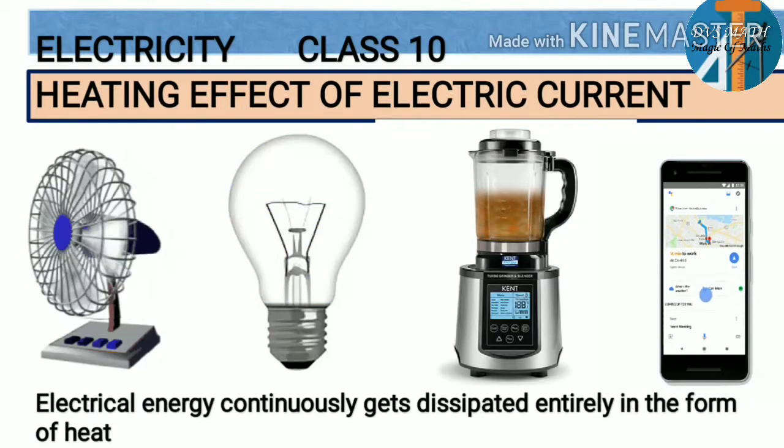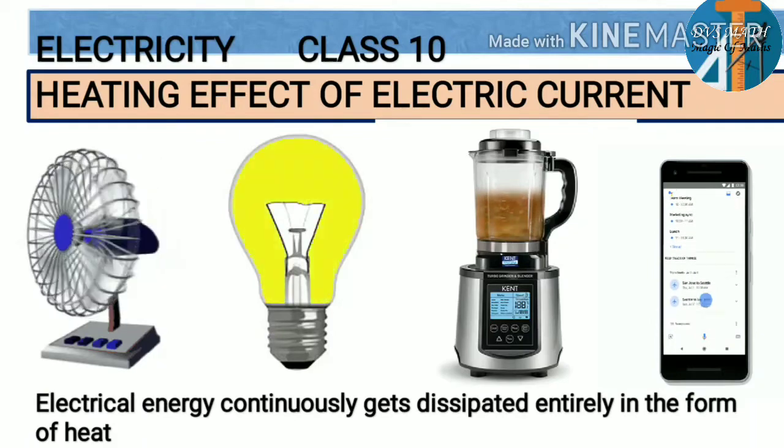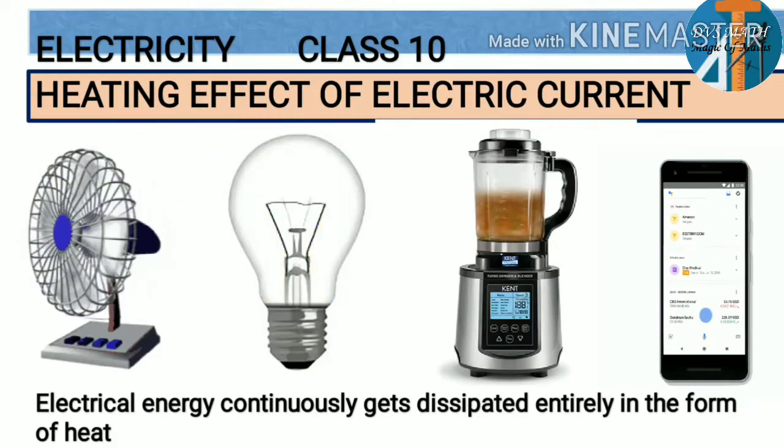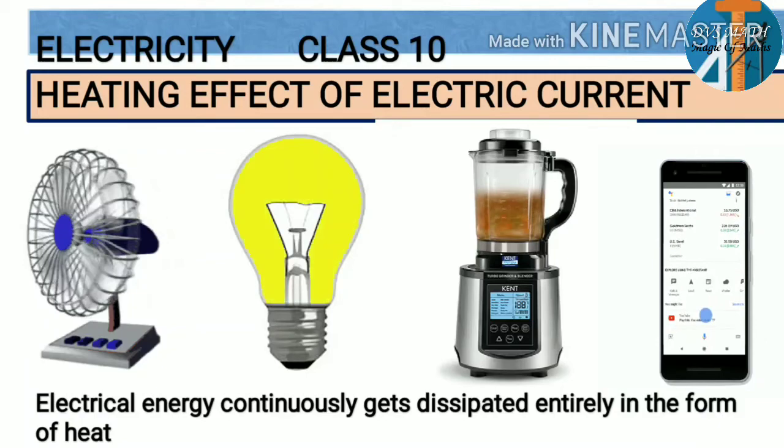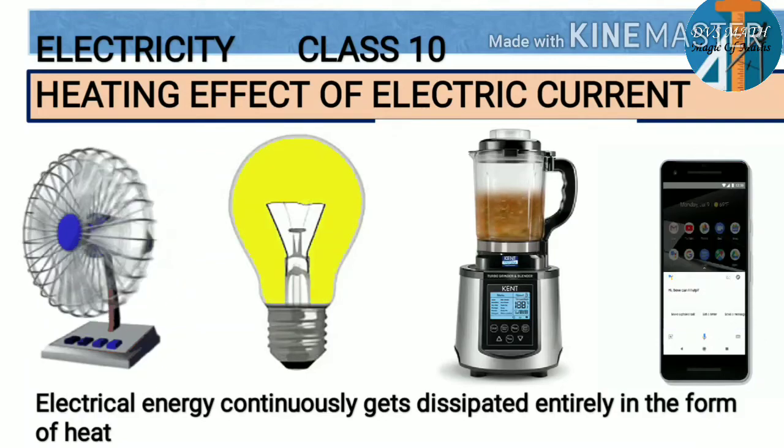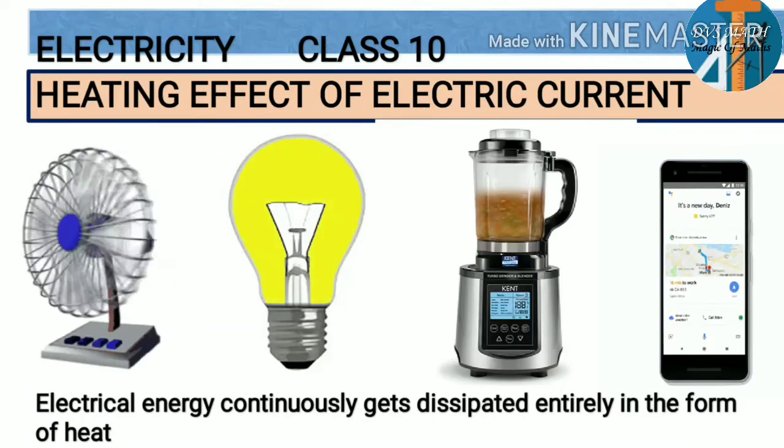So here what we can observe is that electrical energy is continuously getting dissipated in the form of heat. If you use electrical appliances continuously, you feel they are heated.